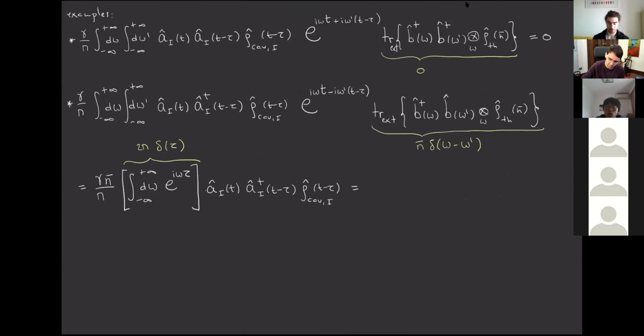So then, mathematically, at the end of the day, what we get is that this type of term becomes something like this, just proportional to the delta function in time. And then we can write all the operators at the same time now, because tau is 0.